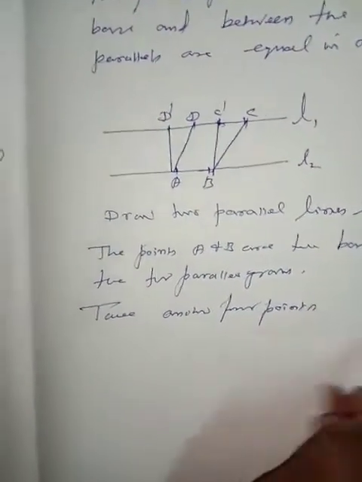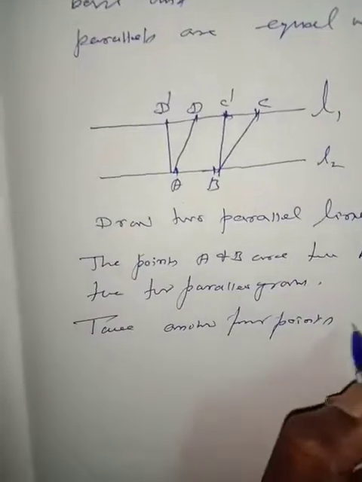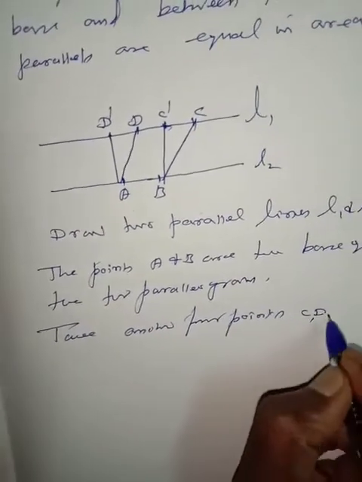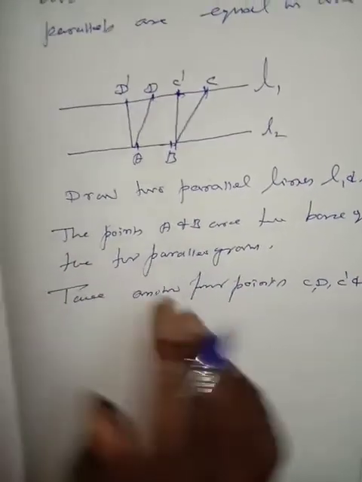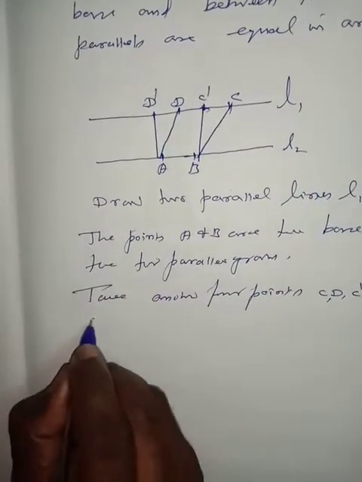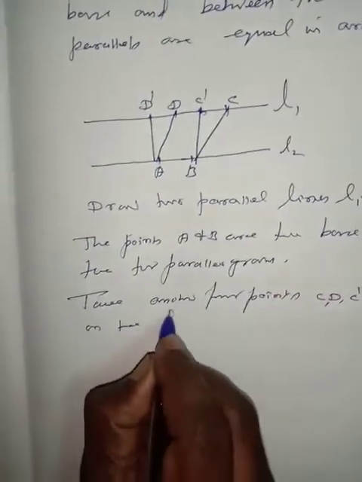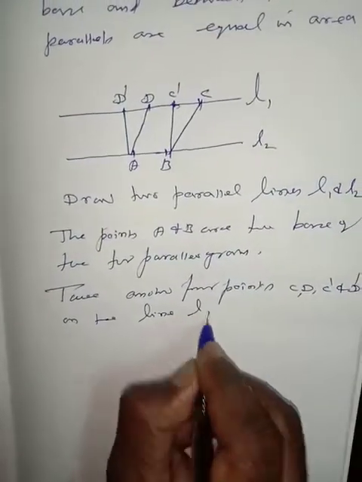Take another 4 points C, D, C dash and D dash on the line L1.